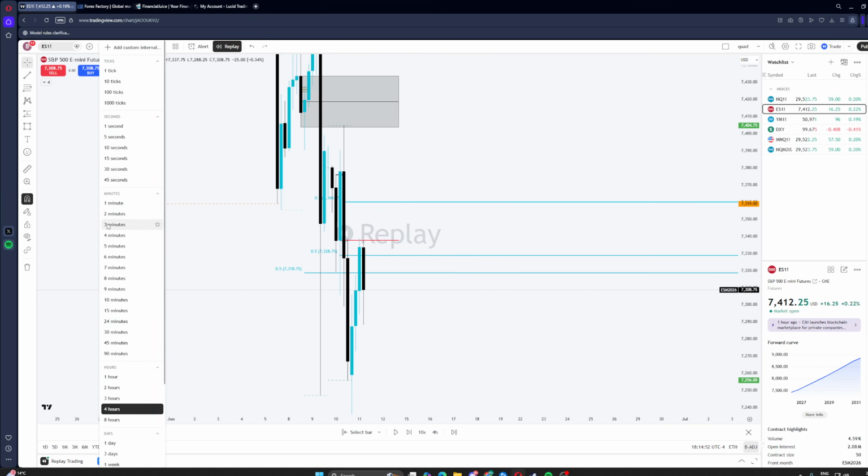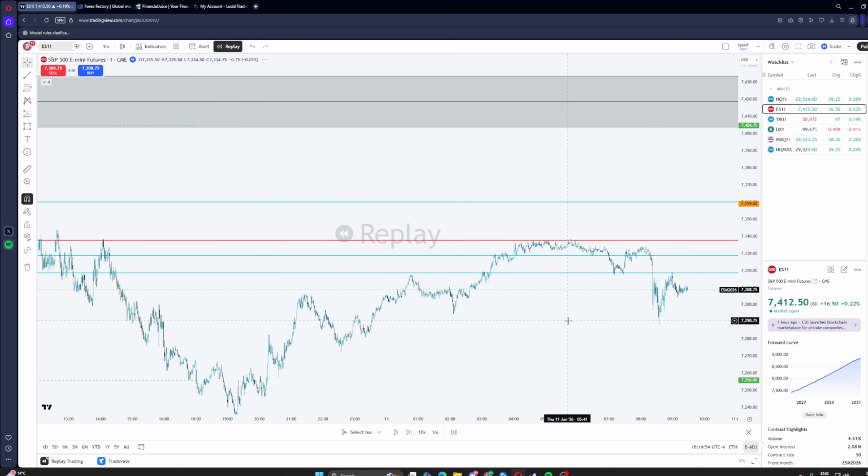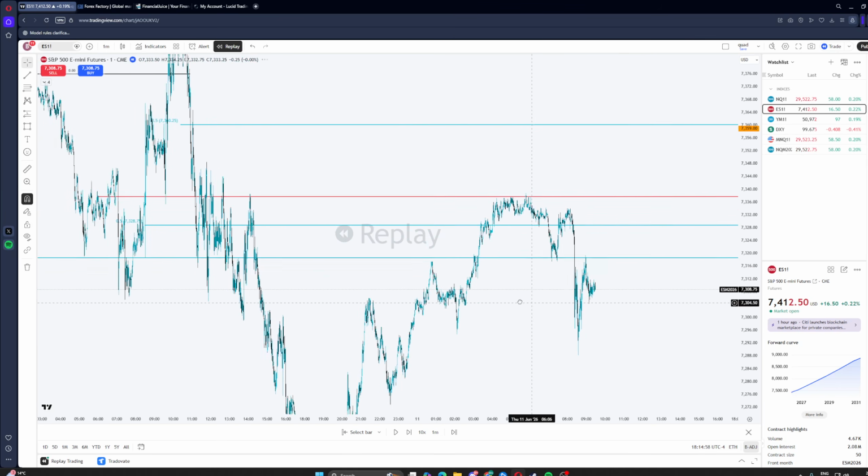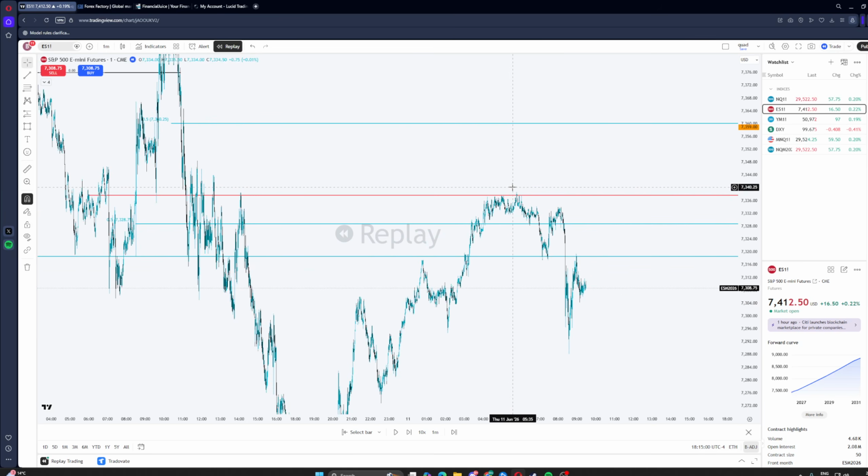It's plausible that we could go higher, but we don't need to take the highs on ES. However, I would want to see the highs taken on NQ, which means NQ is the one to take for long.